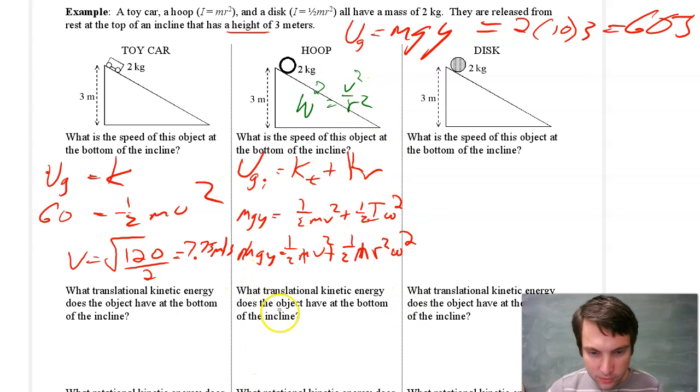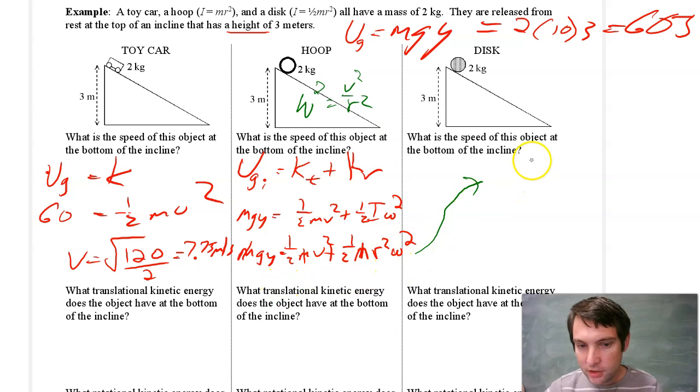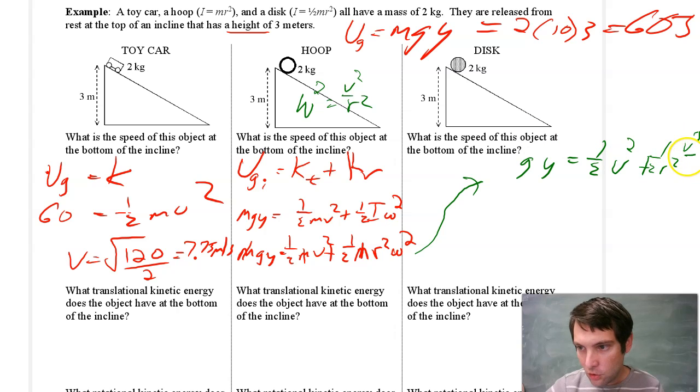I'll stay in the green. I'm going to move this up here. So we have gy equals 1/2 v squared plus 1/2 r squared times v squared over r squared. So we have an r squared right here and then an r squared in the denominator, so those two will cancel out.